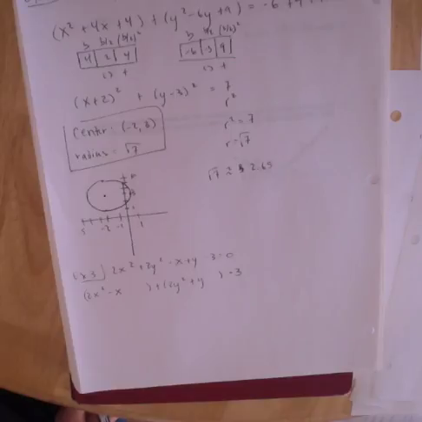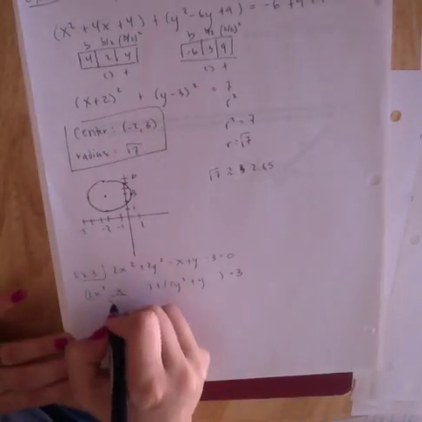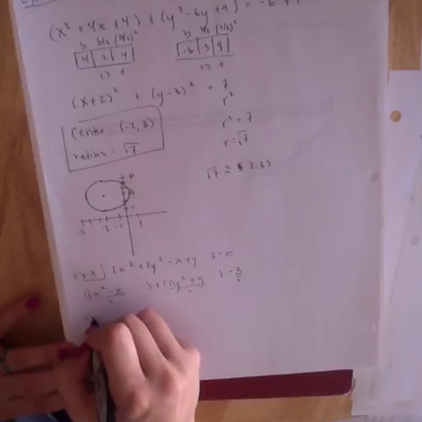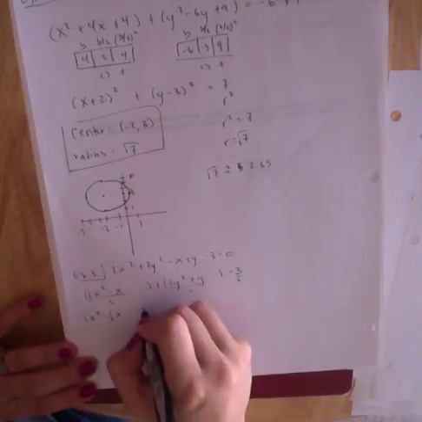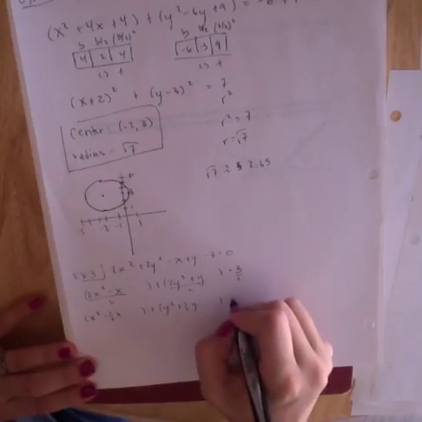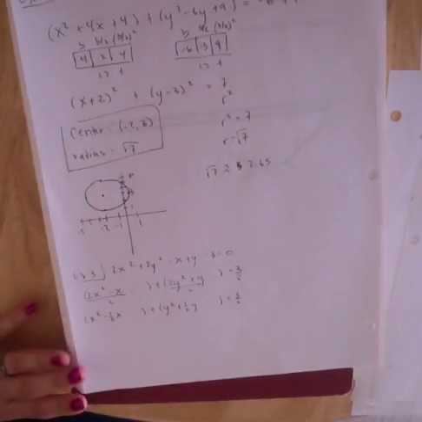Now what I'm going to do is divide every term by 2 to make our lives easier. So this gives me x squared minus 1/2 x plus y squared plus 1/2 y equals 3/2.